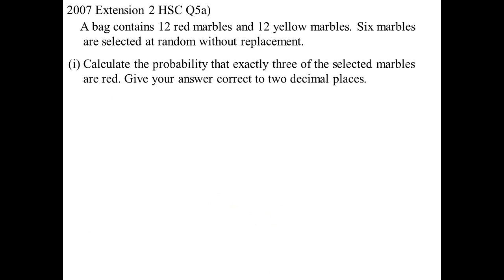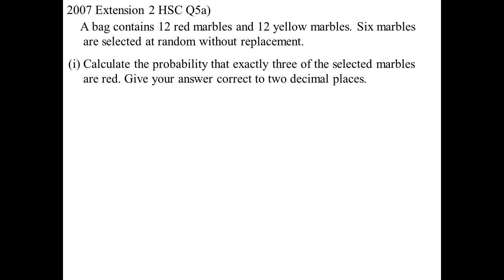Okay, also 2007, this one came from an extension 2 paper, so a little bit more involved. A bag contains 12 red marbles, 12 yellow marbles. 6 marbles are going to be selected without replacement. Calculate the probability that exactly 3 of those marbles are red. Probability 3 are red. This time it's a combination, because the actual order we pull them out, we don't care.